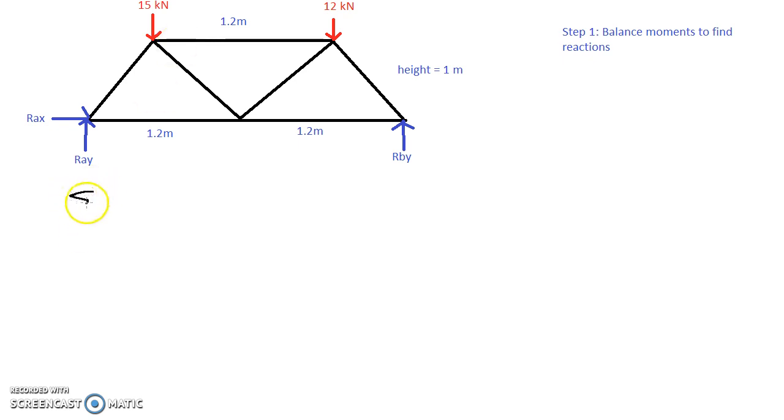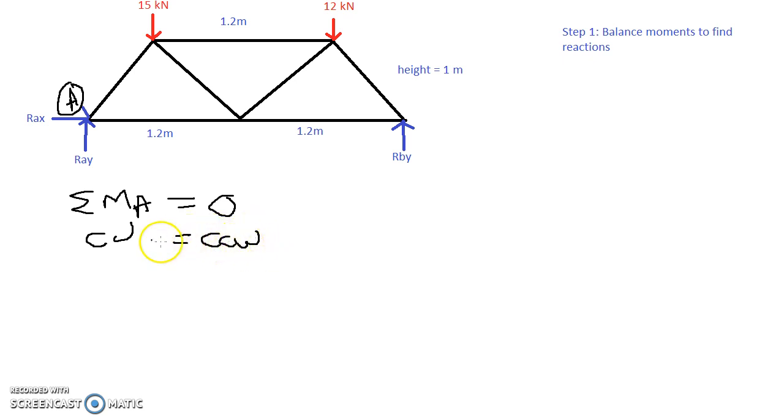Here we go. So the sum of the moments about point A equals 0. And A is there. All right. So we've got clockwise. I'm taking some shortcuts because this is a pain. Clockwise equals counterclockwise.